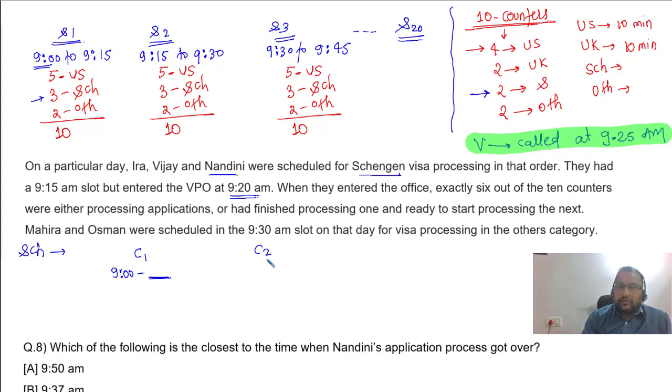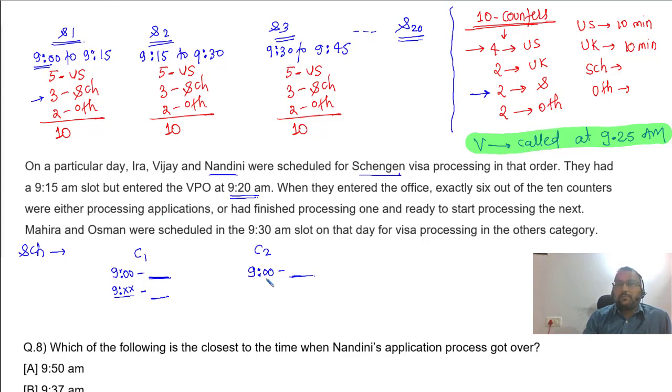The second application will also start at the second counter at 9 o'clock and end after a few minutes. After that, the third application will also start over here. At what time? We are not aware as of now.